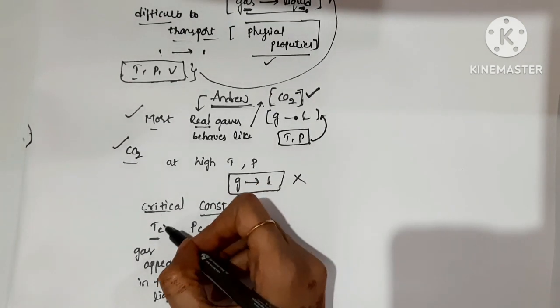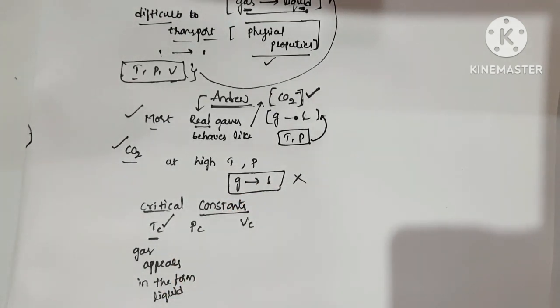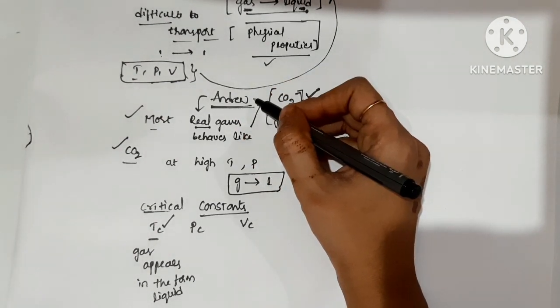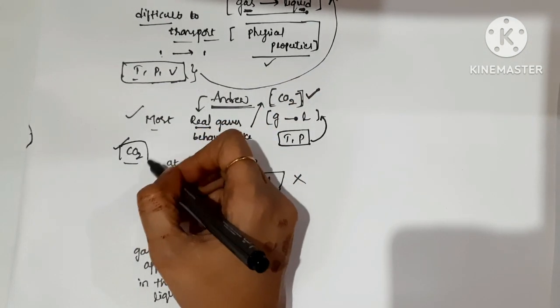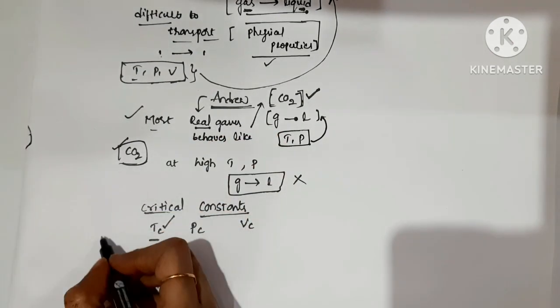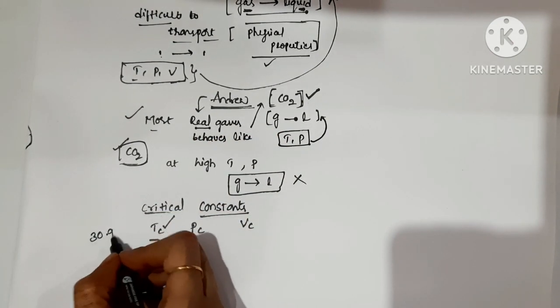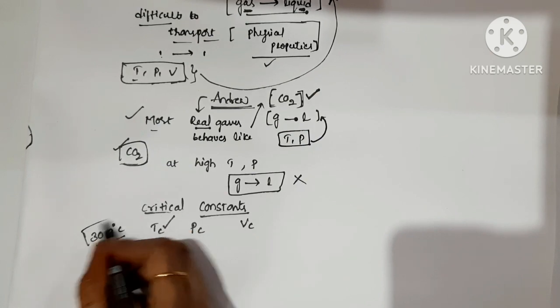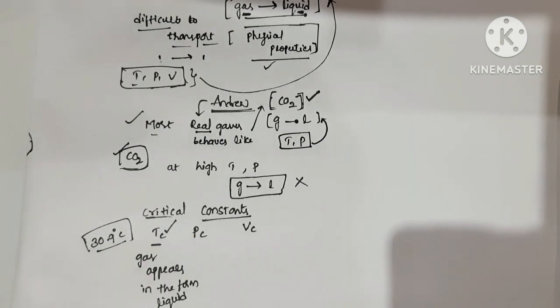This is critical temperature. Andrews performed the experiment on CO2, right? In the case of CO2, the critical temperature is 30.9 degrees centigrade.